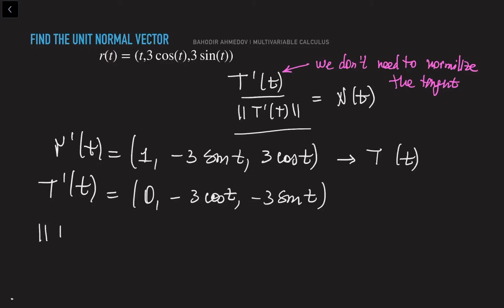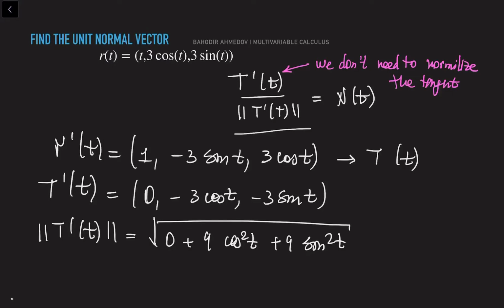In order to do this, we are going to find its norm, which is going to be the square root of 0 squared plus 9 cosine squared of t plus 9 sine squared of t. If we take the 9 out of the square root, we are just going to have sine squared plus cosine squared, which is equal to 1, so it's going to be simply equal to 3.